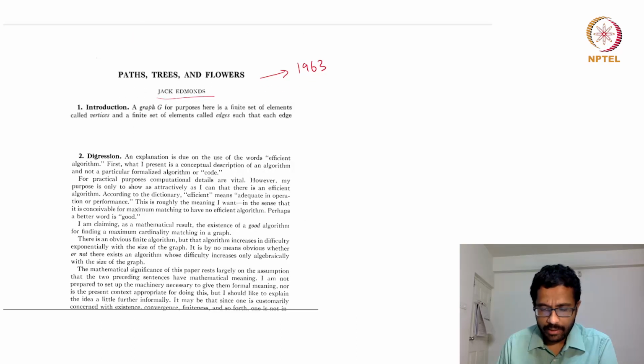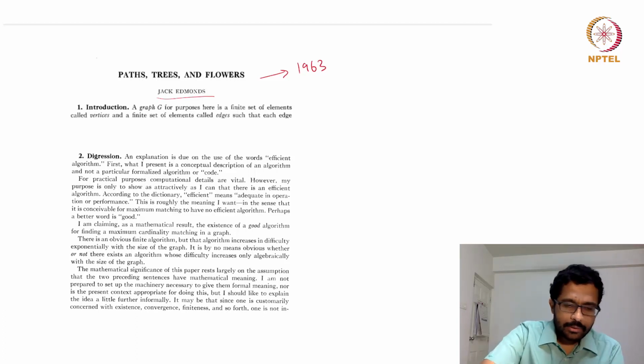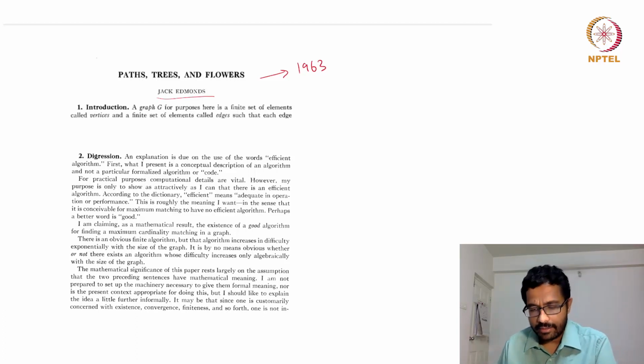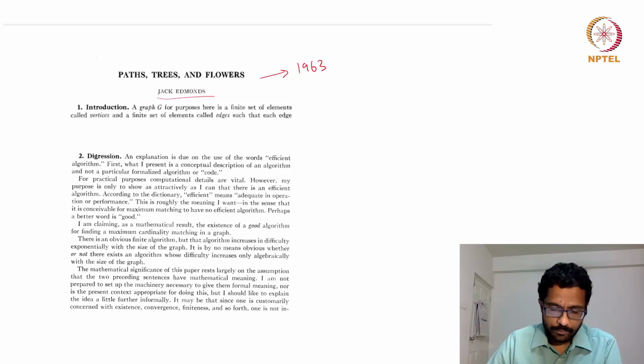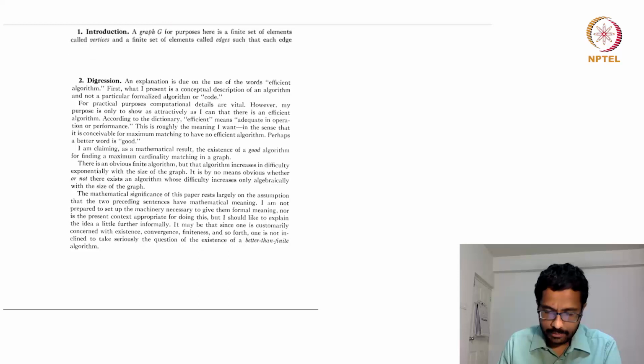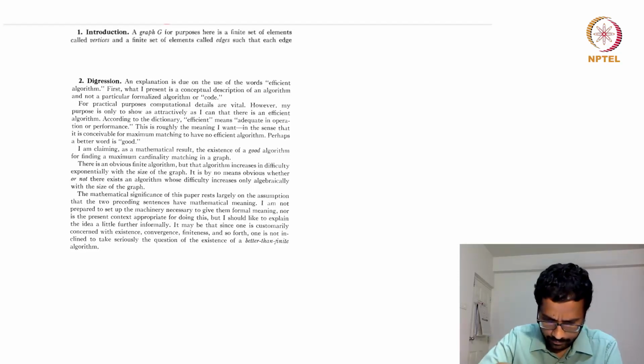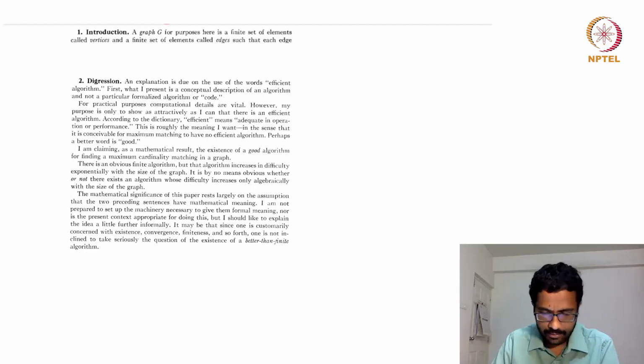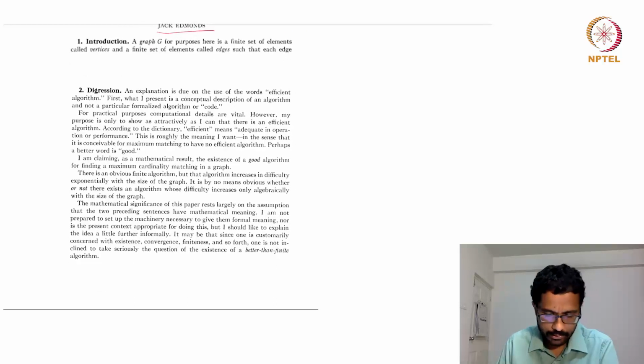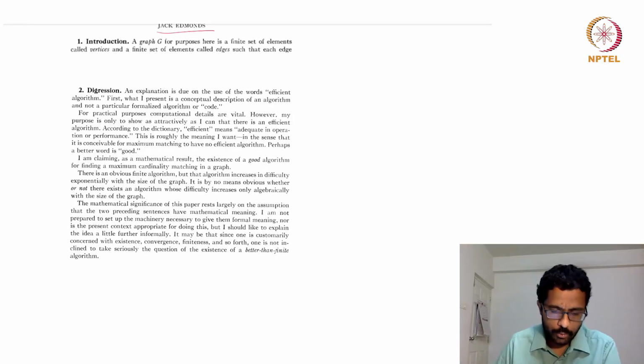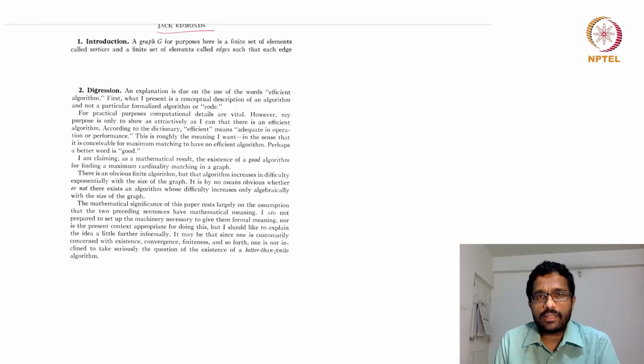But why this paper was interesting is that about 10 years prior to the development of the theory of NP completeness, this paper asked some very interesting questions, right? The introduction is about the specific problem, so I only attached some excerpts. I skipped most of the introduction and went on to section 2, in which the author goes into what he calls a digression.